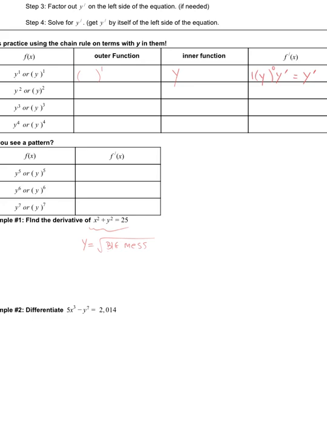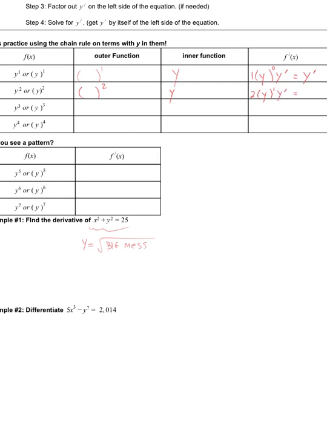Let's try it again. The derivative of y squared. Think of it with parentheses, because then you can easily see that the outside function is something squared. The inner function is y. So let's take the derivative of the outer. The derivative of the outer is 2 times something to the first. The inner as is y, and the derivative of the inner we call y prime.